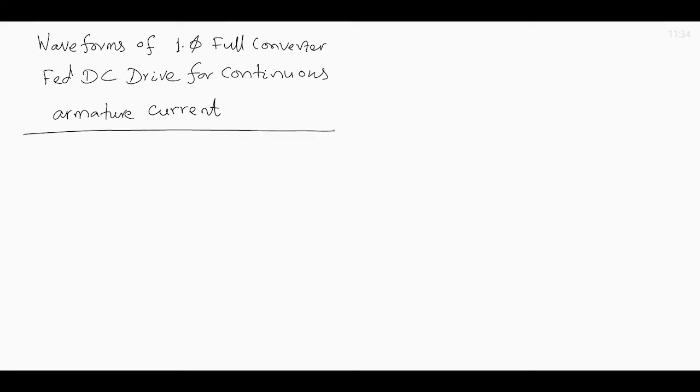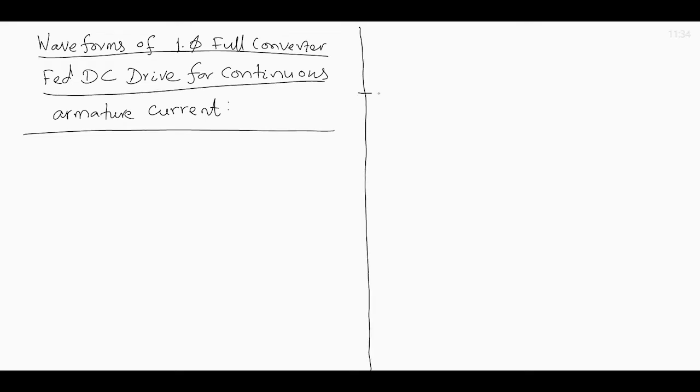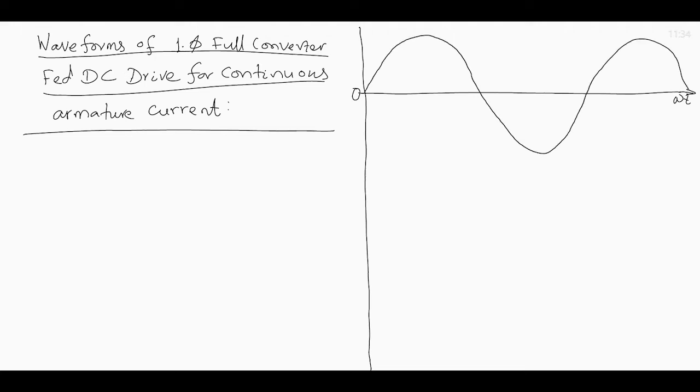We will draw the waveforms of single phase full converter fed DC drive for continuous armature current. This is the supply voltage waveform Vs. Thyristors are triggered at alpha, pi plus alpha and 2 pi plus alpha.